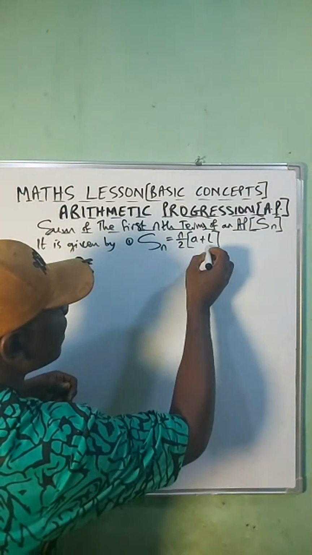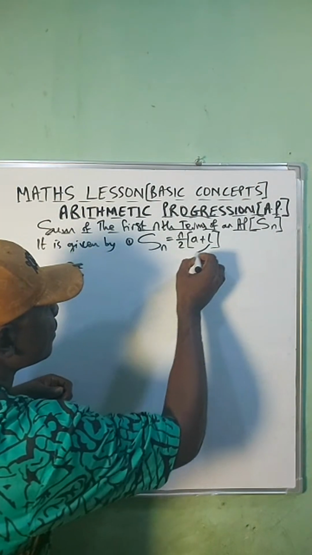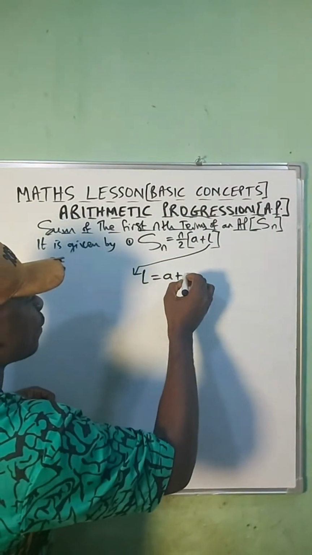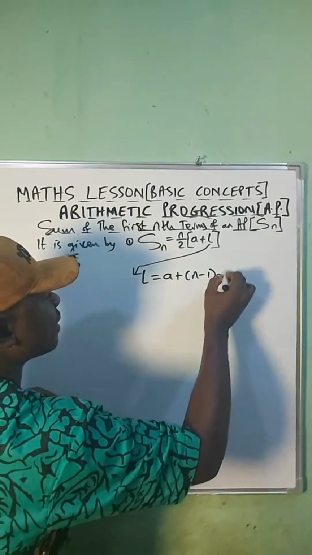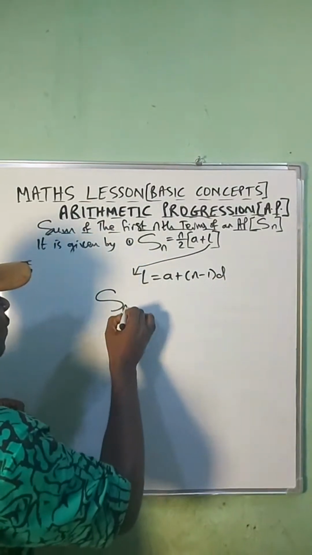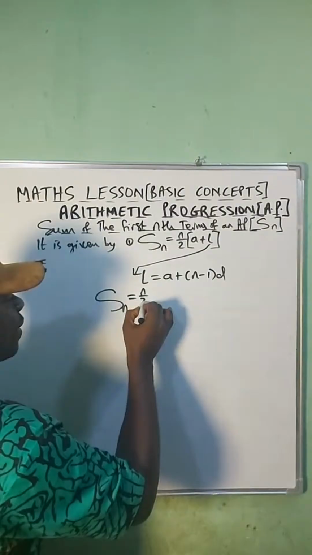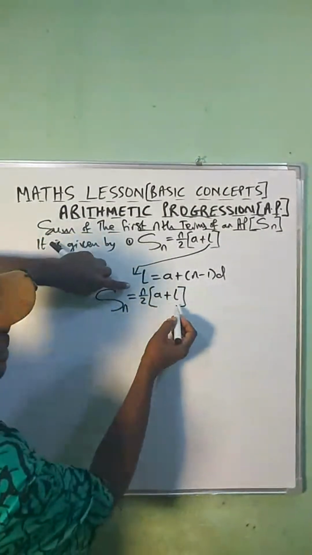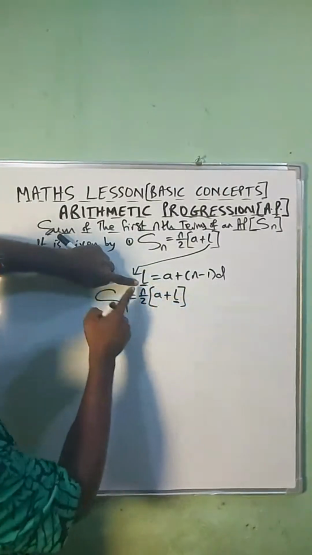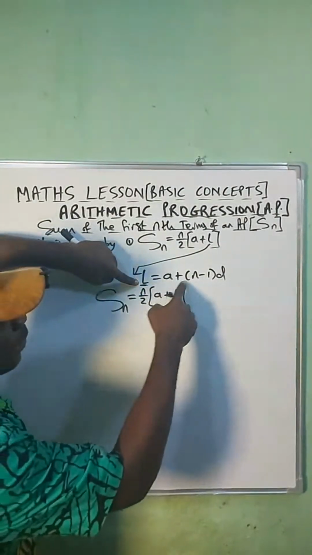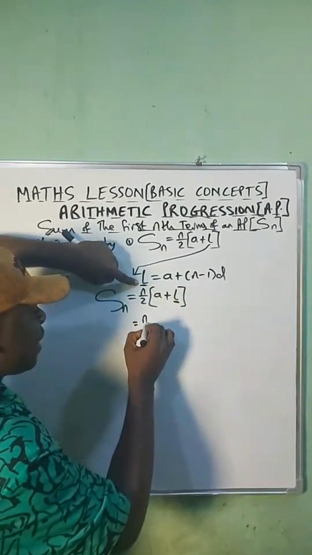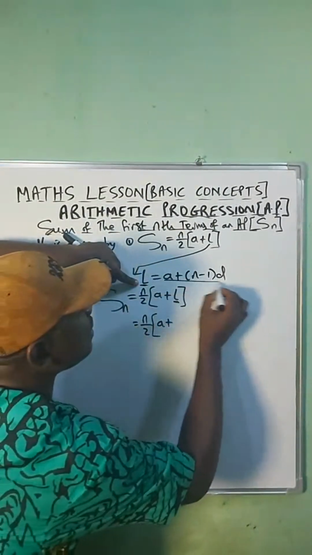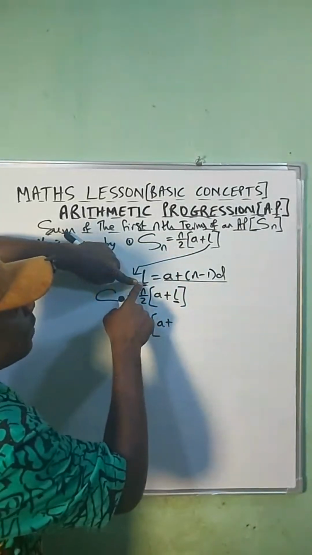From here, L equals A plus bracket n minus 1 D. So the sum of the first n terms equals n over 2 into A plus L. So wherever I see L, what I'll write is A plus bracket n minus 1 D. The whole of this stands for L, so in place of L, I'll write this.